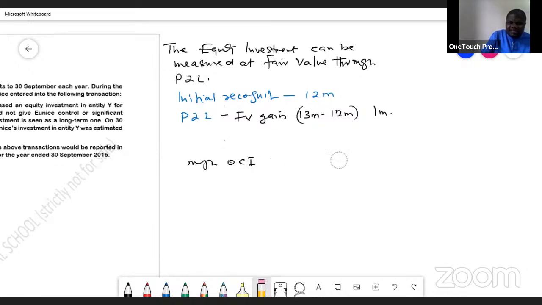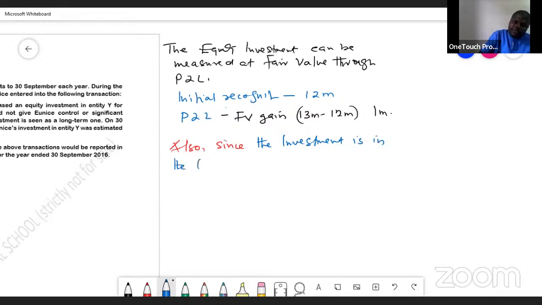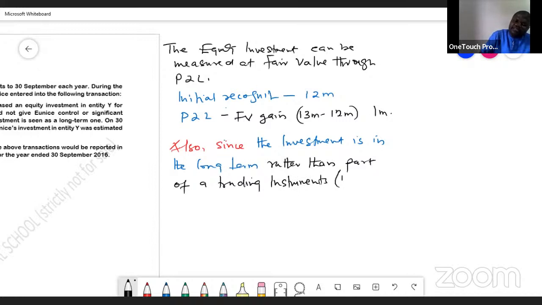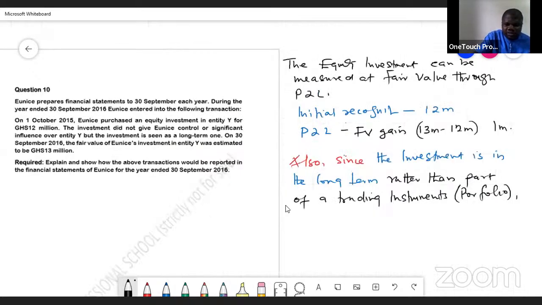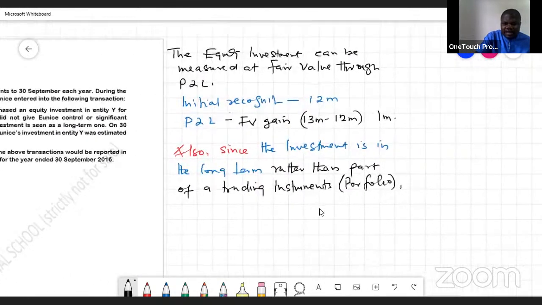You can say that since the investment is in the long term, rather than part of a trading instrument, that is a portfolio of instruments, Eunice can, on initial recognition, make an irrevocable election.